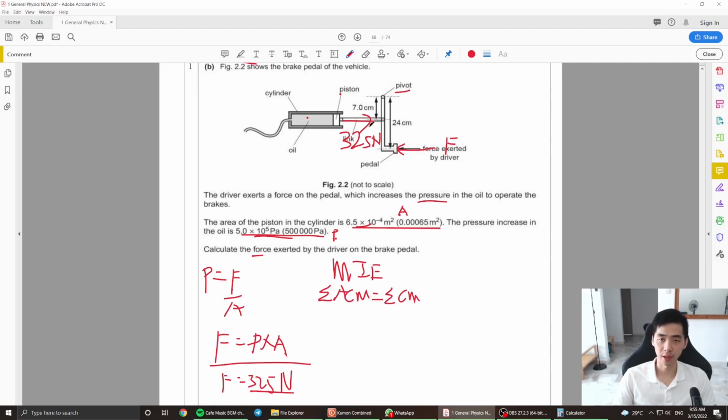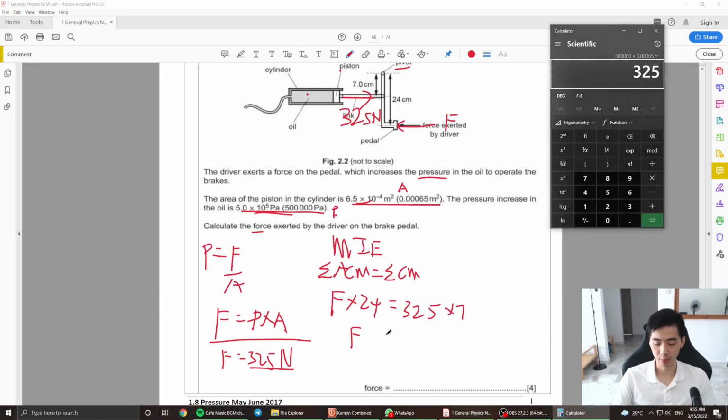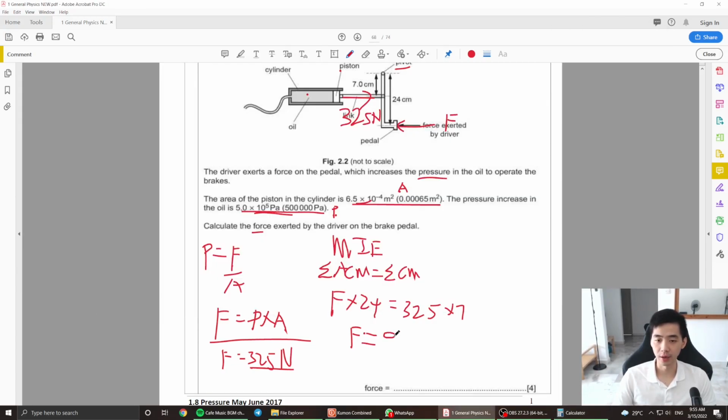From here, it's just a matter of force multiplied by 24, always distance to the pivot, is equal to the force 325 multiplied by 7 here. So in order to find F, it's just a simple algebra expression, 325 times 7 divided by 24, and you're supposed to get a force of 94.8 newtons.